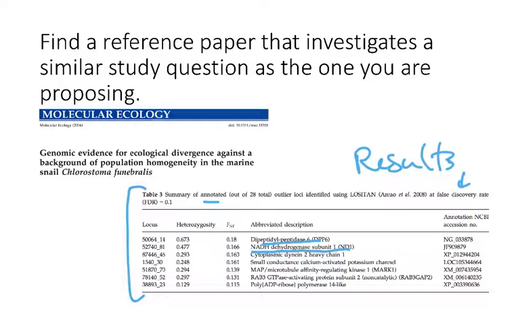So if you were also doing a study looking at different geographic populations of a species, and you knew that thermal differences, temperature differences were different across these different geographic sites and might be providing selective pressure for those populations, and you were identifying outlier loci in your study as well, you might say that you expect to find some of these genes that are listed here as outliers because it's been found previously in populations that are under different temperature stresses.